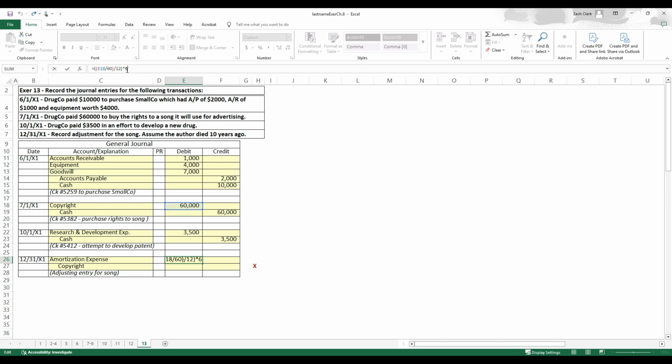And then we multiply by 6 because there's 6 months in this year, because we bought it on 7/1. So from between here and here, there was 6 months. So kind of confusing. You're not going to see a lot of problems like that on the test or the work problems, etc. necessarily, but it is something good to know. You might see a multiple choice question that has something kind of similar to do.